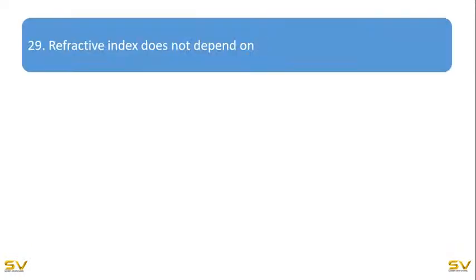Now coming to the next one: refractive index does not depend on. So what are the factors that refractive index depends on? If you know that, then you know this, which factor refractive index does not depend on.